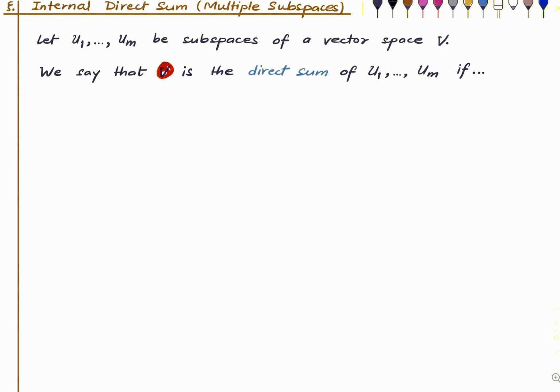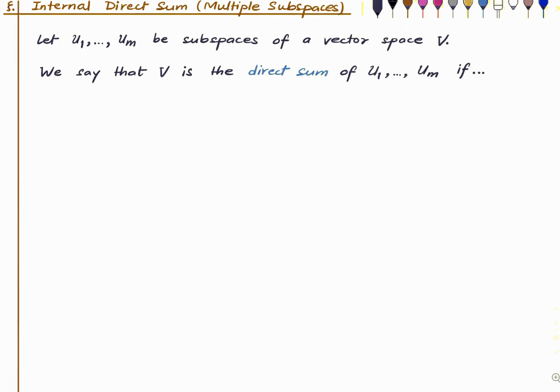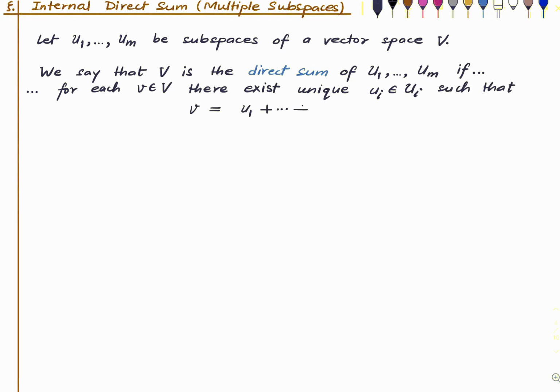We say that V is the direct sum of the given subspaces if, one can guess, for each vector V in V there exist unique vectors in the subspaces U1 up to Um such that you can write V as the sum of U1 up to Um. So it is an immediate generalization of the previous definition.